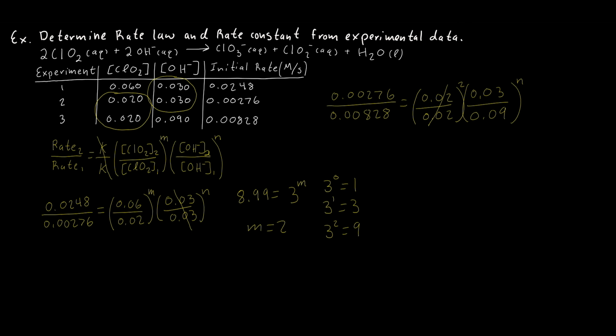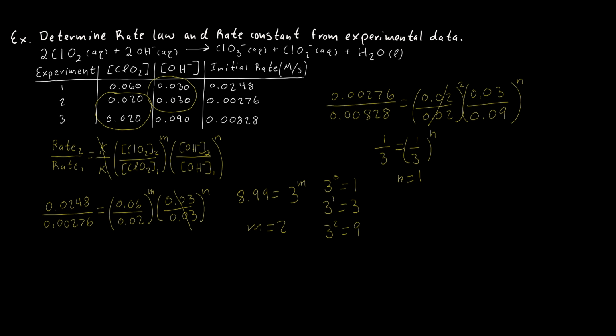So if we plug this into our calculator, we should get 1 over 3, or 0.33 repeating, is equal to 1 over 3 to the n power. And since we know that anything to the first power is itself, 1/3 to the first power is 1/3, so n must be equal to 1.